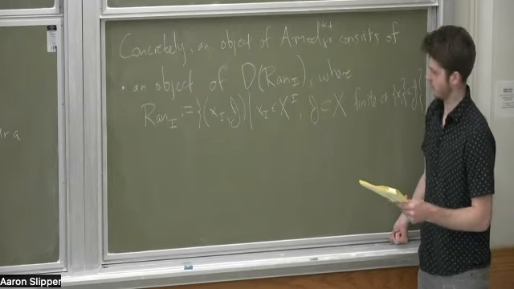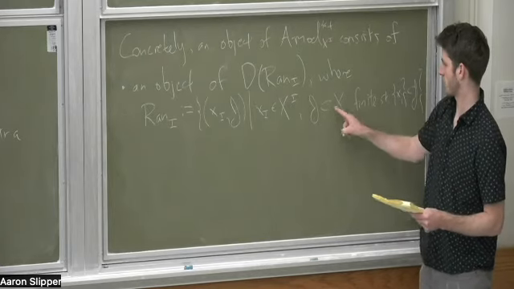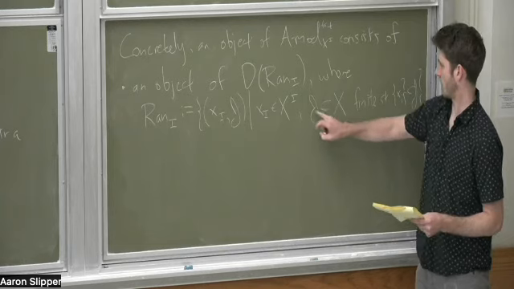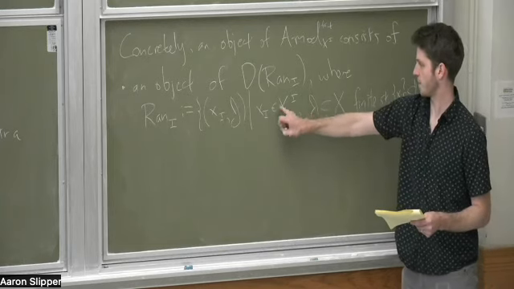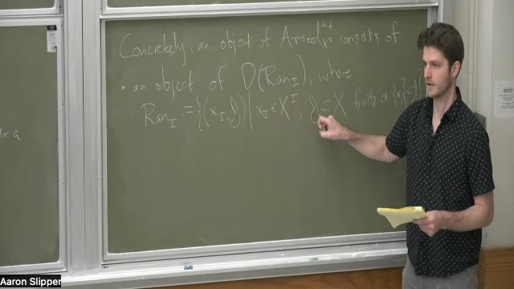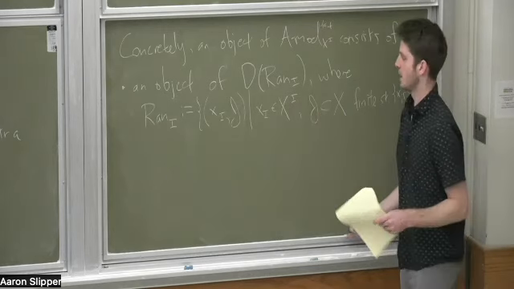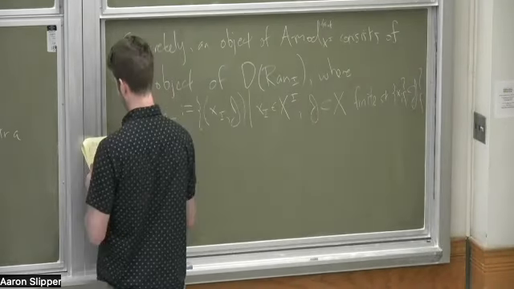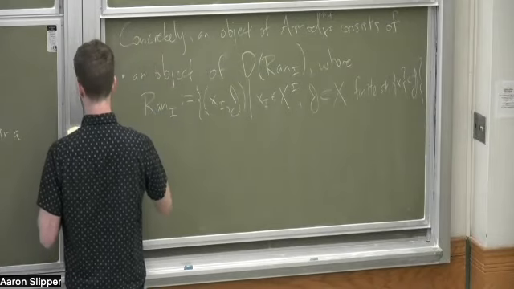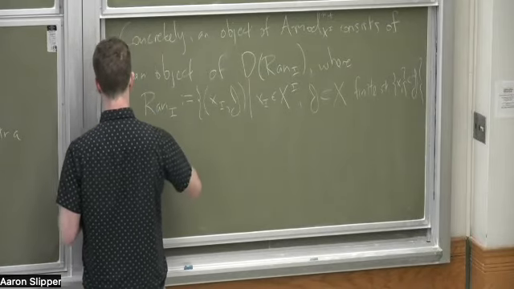If you like, you can also think of this as the datum of a map from I to script J. Same thing. Okay.